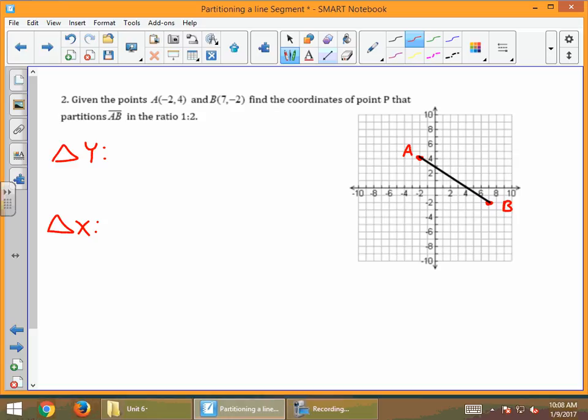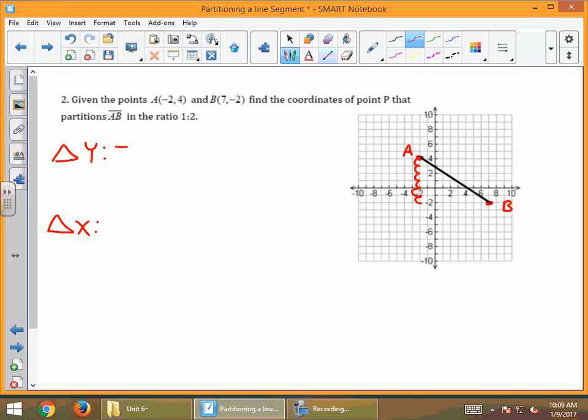So, change of y. If I go from my first point of A, how do I go from A to B? Give me directions how to get from A to B. What do I have to do? What do we got? I have to go down, right? So let's just see how far we have to go down. 1, 2, 3, 4, 5, 6. And since I went down, what kind of sign would that make that? Negative.